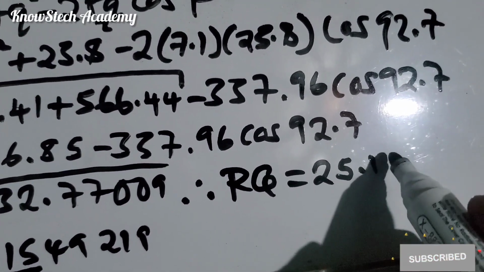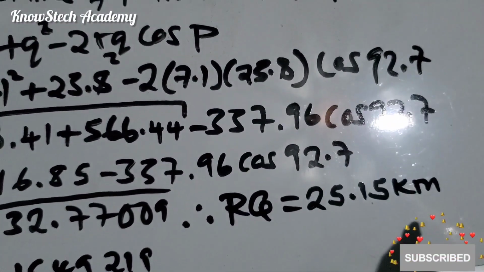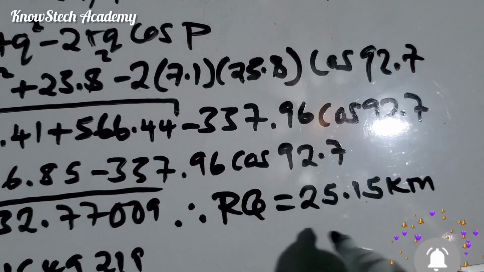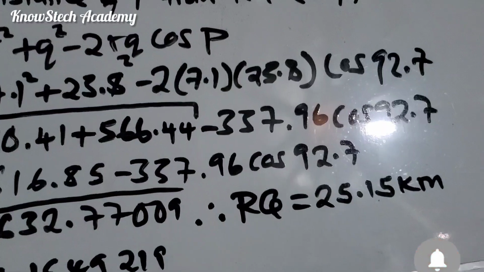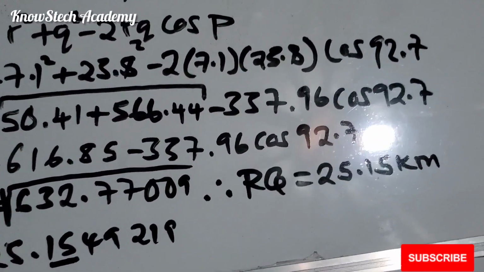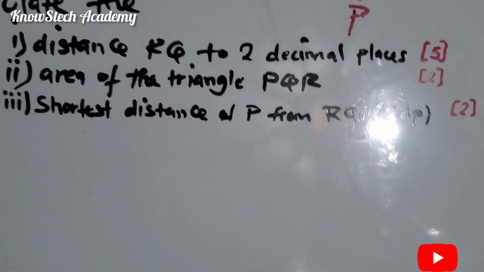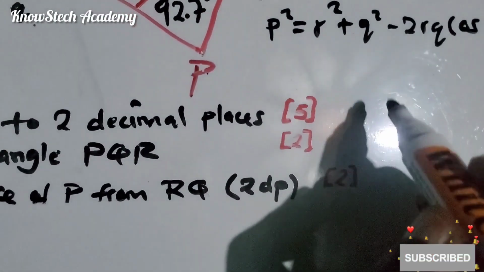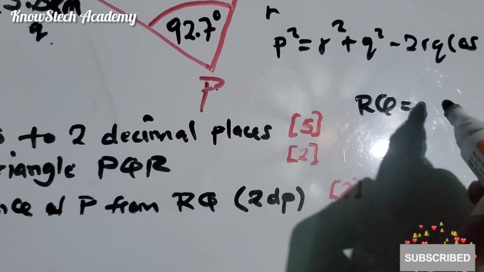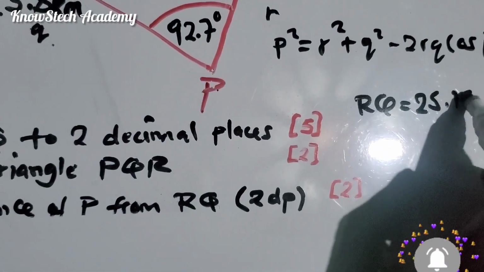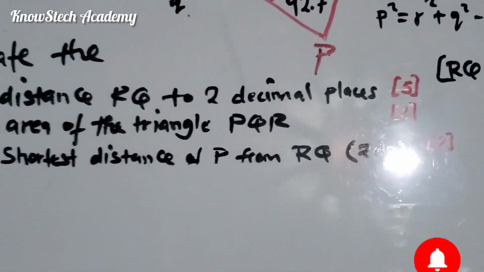Don't forget the units, which are kilometers. So RQ is equal to 25.15 kilometers.